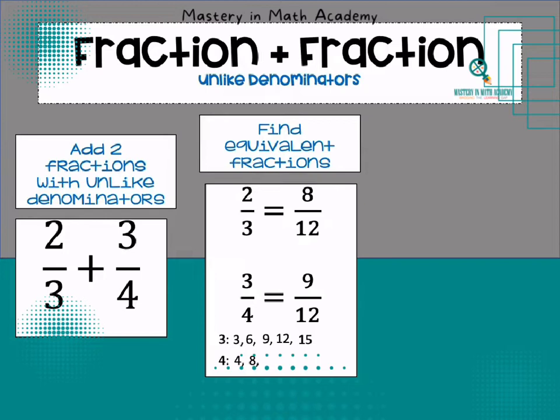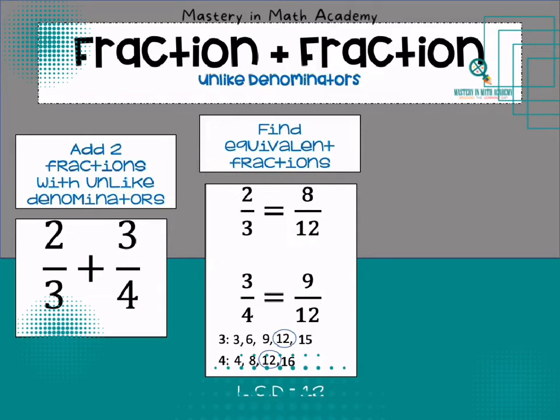We have 4, 8, 12, 16, and we can stop there because now we can see that 3 and 4 both share the number 12. So we're going to circle that. This tells us that 12 is our least common denominator, and we're going to set both of our fractions equal to 12 as our denominator.